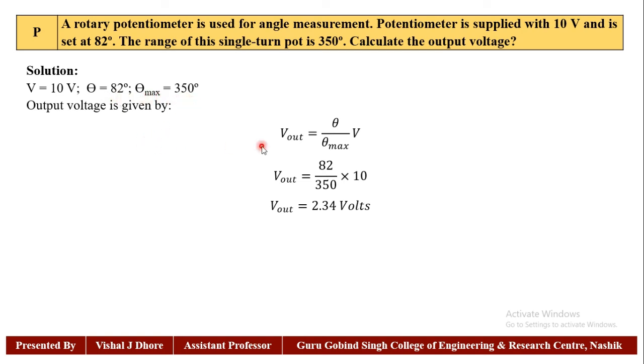Output voltage is equal to theta upon theta max into V. Theta is 82, theta maximum is 350, and the voltage is 10 volt. Putting the values in that formula, we calculate the output voltage as 2.34 volts.